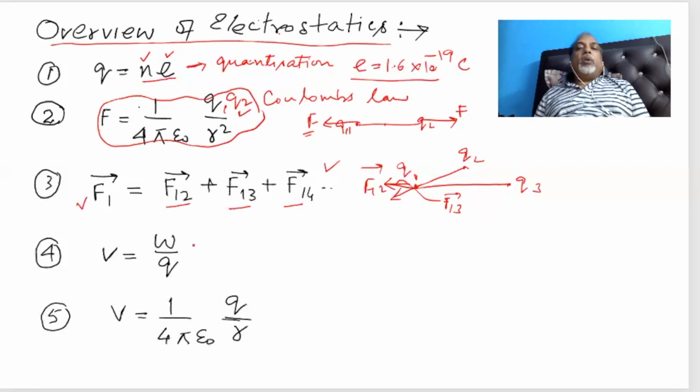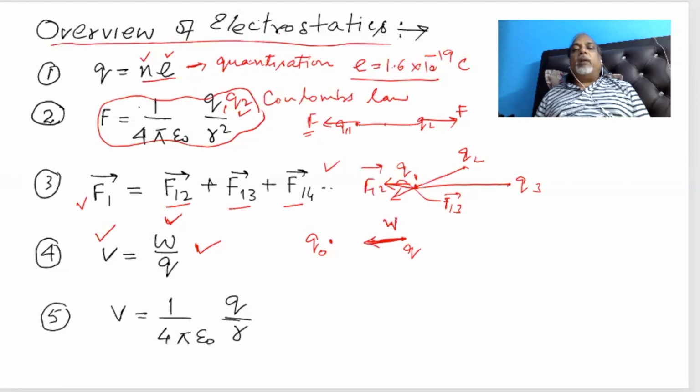V is equal to W upon Q. What is this? Here V is electric potential. It is defined as work done per unit charge. Suppose you have a test charge like this and Q charge is like this. If you want to bring this charge to Q1, naturally you have to do some work.